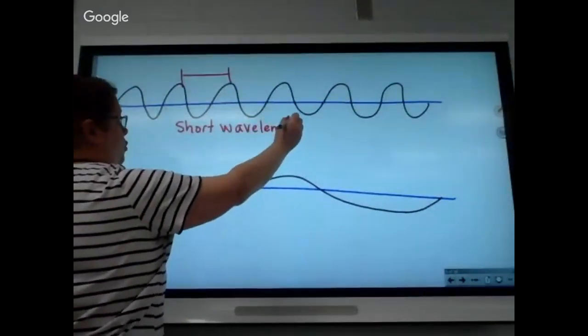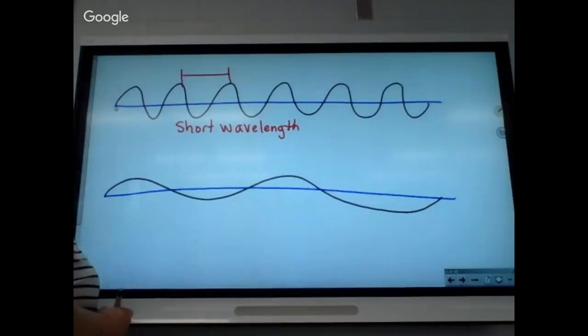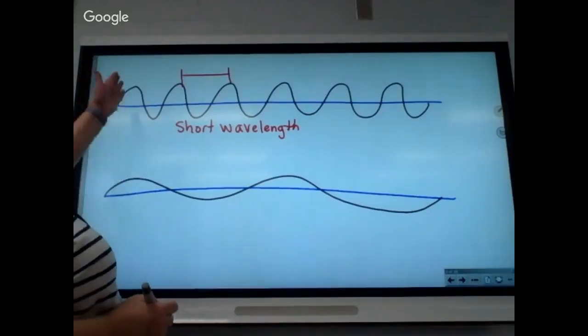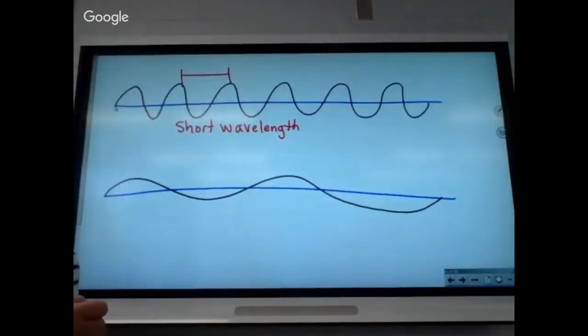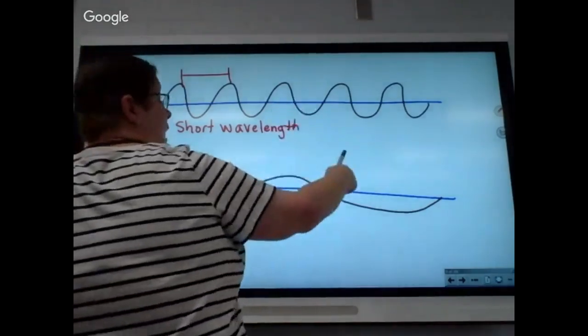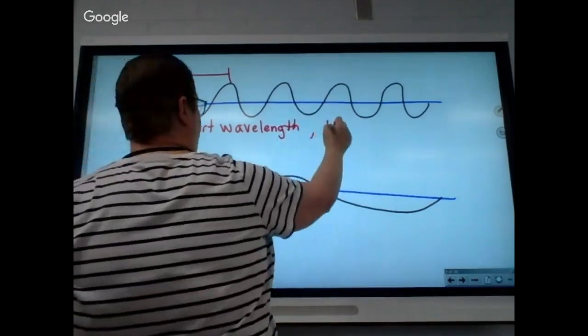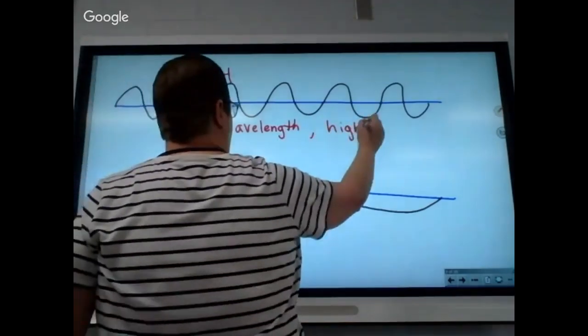All right, so we have a short wavelength. So what does that mean about its frequency? How many waves do I have? Y'all can't count the waves? Wait, that's a lot. Okay, so it's more than that one, right? Yeah. So I have a high frequency.